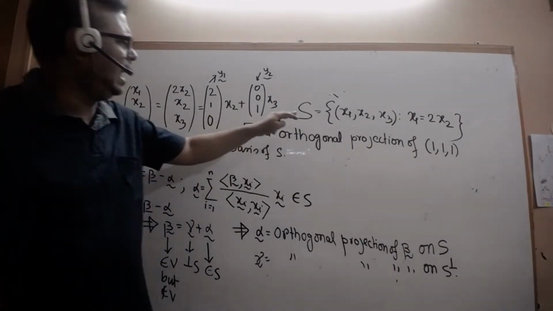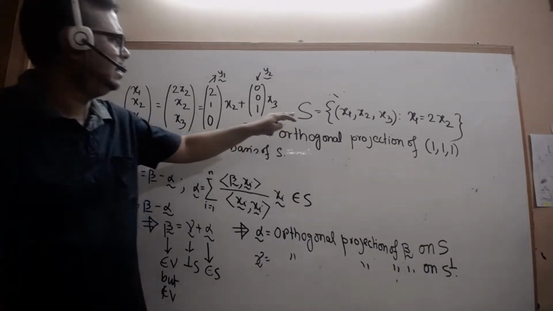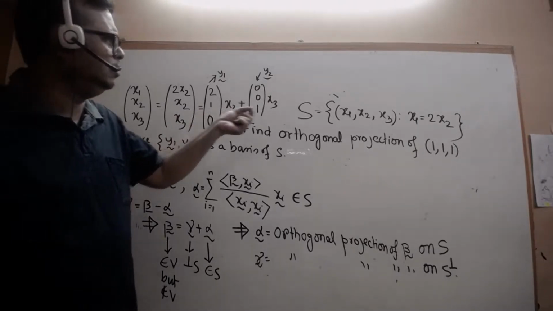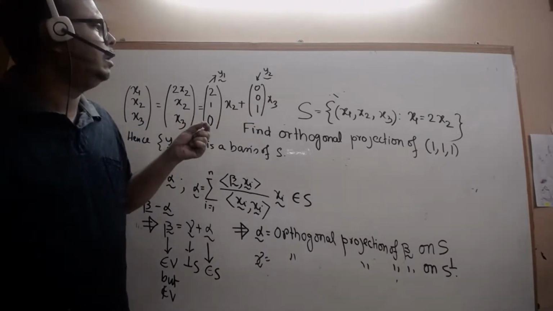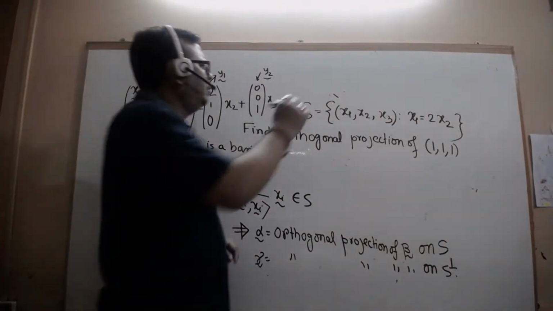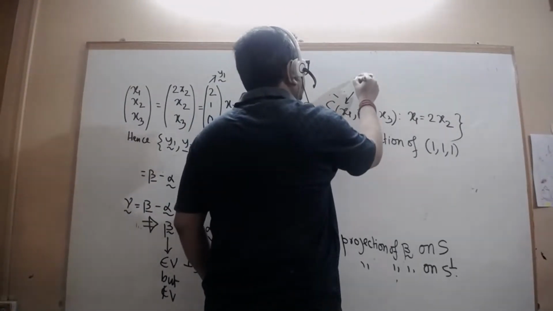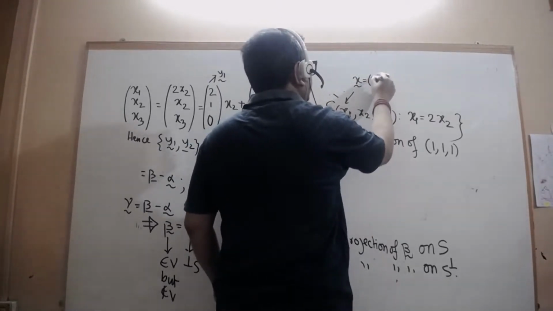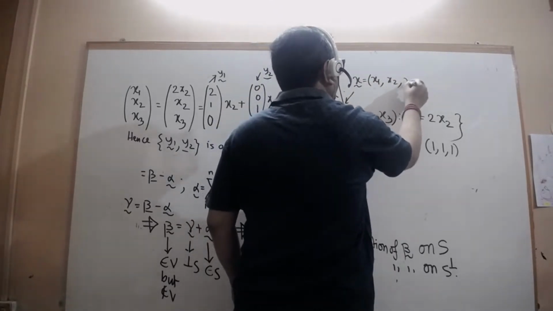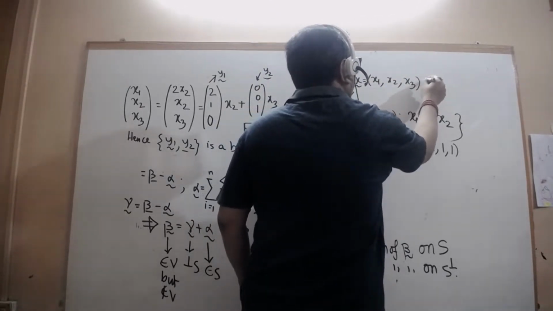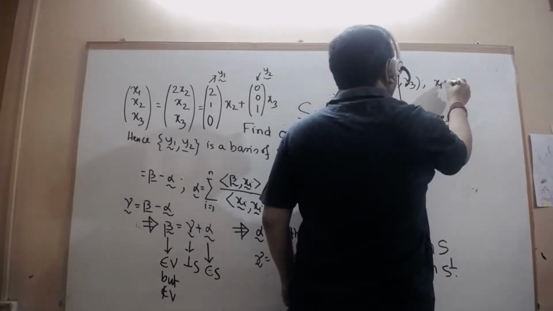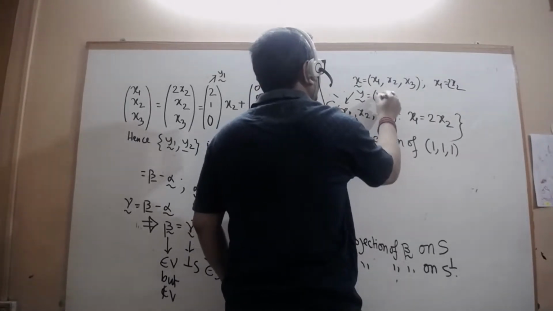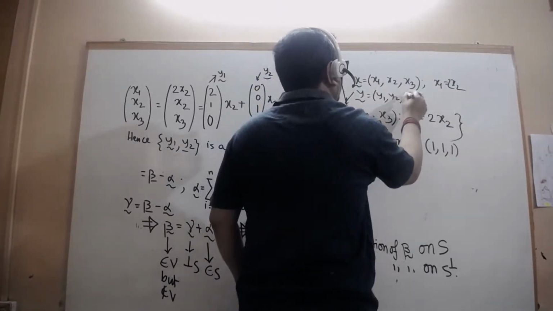Again, you can see that this S satisfies all the axioms, or you use this tool, that is, you take any two vectors from S. If x curve belongs to S, then suppose it has components x1, x2, x3, and then it should be x1 equal to 2x2, and y curve be another with components y1, y2, y3.